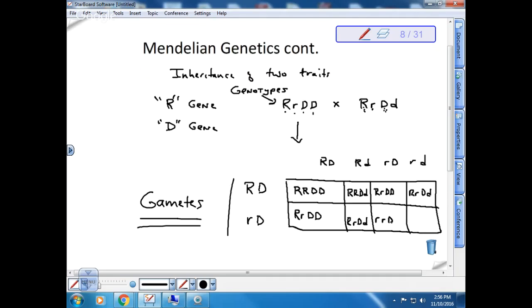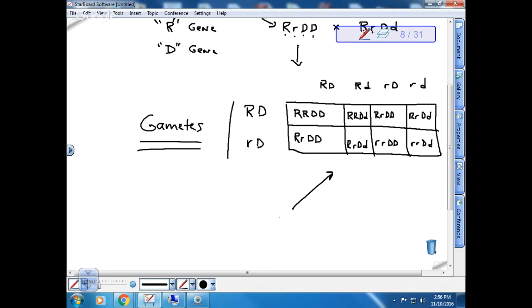Little r, D, little r, D, D. Okay. So these, right, are the genotypes of the possible offspring.